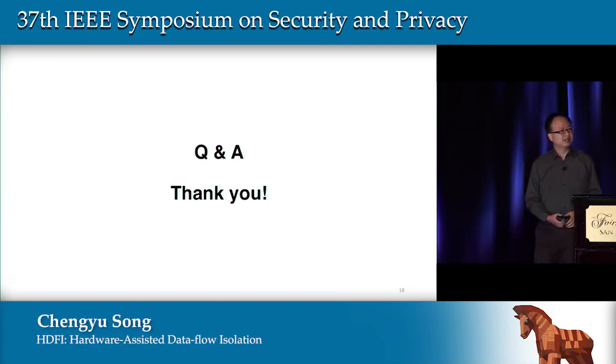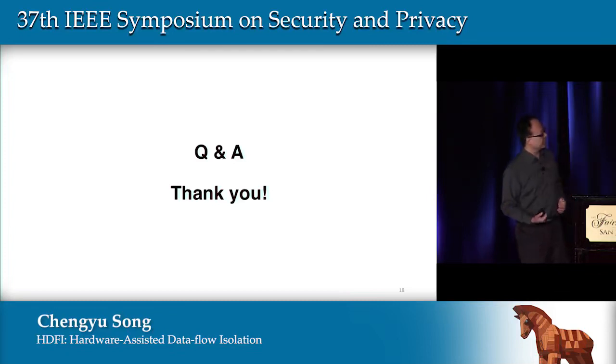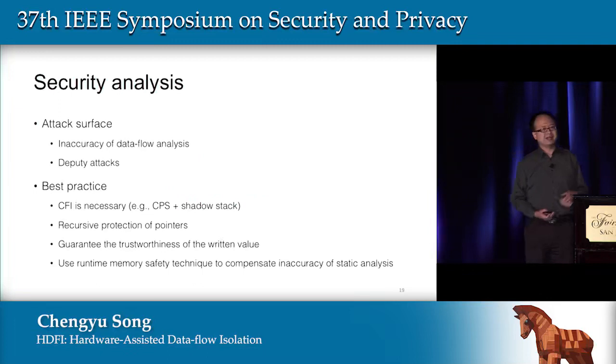Well, couldn't a return address be overwritten by some code that thinks it's writing a crypto key or something like that, which you also consider sensitive? Yes. Could you go one slide further? I actually have a backup slide on this. All this is based on DFI, so we have to rely on data flow analysis.